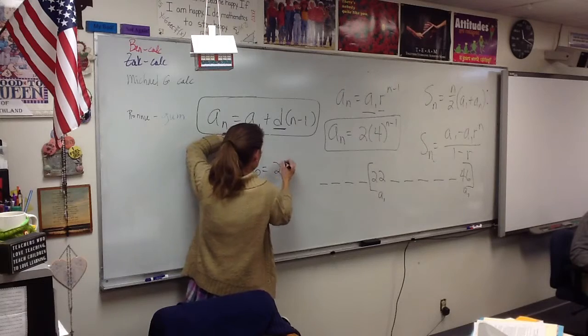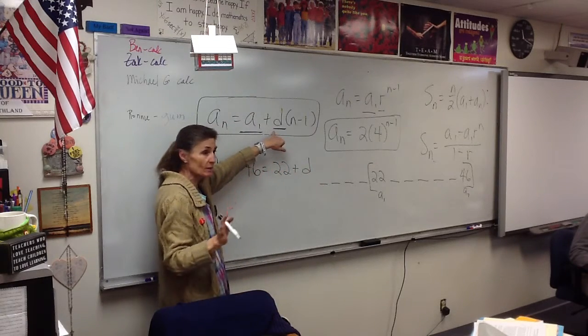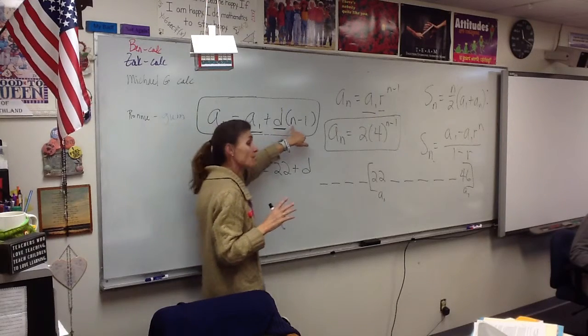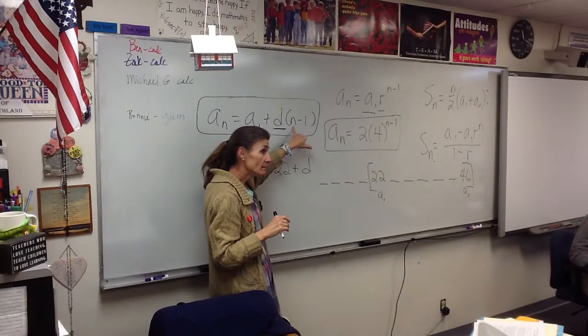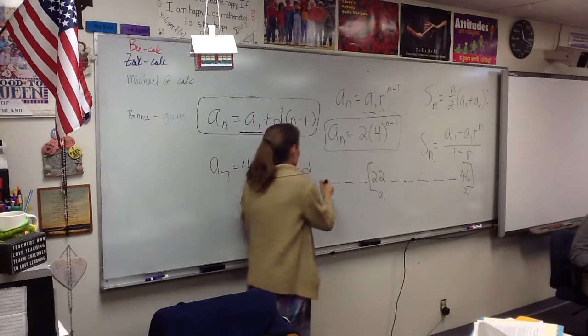A1, which is 22, plus the common difference, which I have no idea what that is. I just put D. But I know N is what? 7. So N minus 1 would be 6.